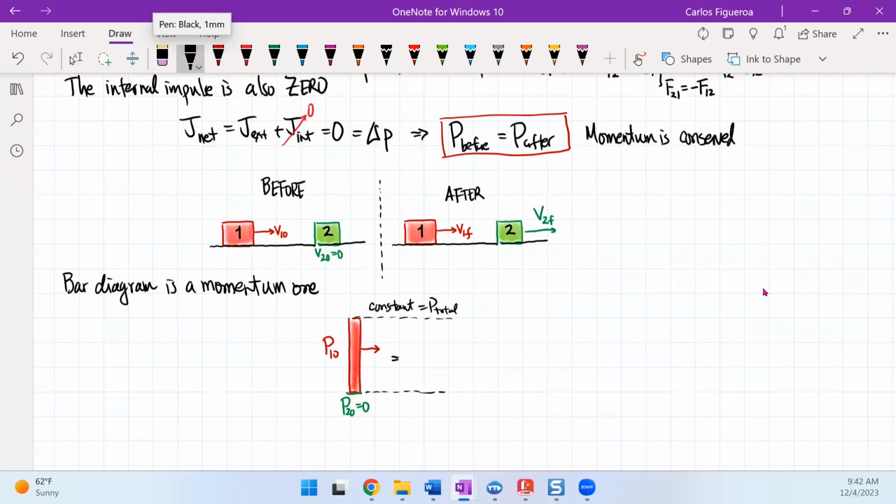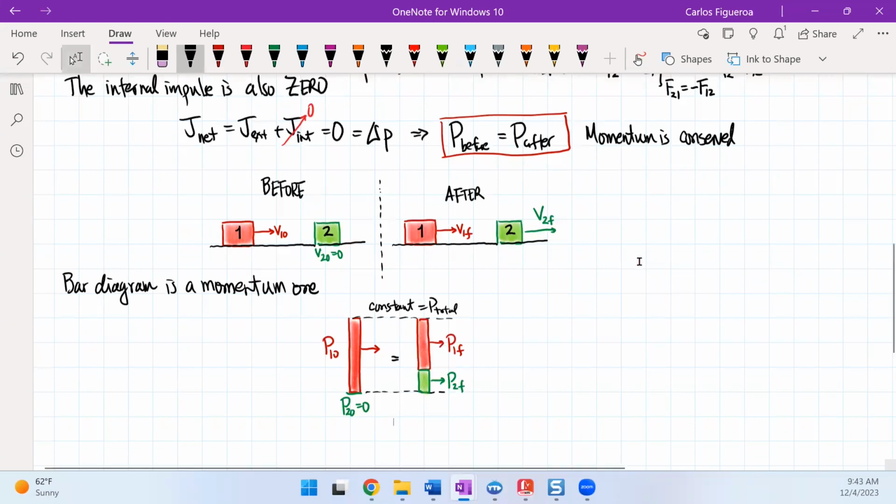Afterwards, because block one continues to go forward, I would expect that most of the momentum stays with block one going forward, and some of the momentum is transferred to block two in order to have this situation right here.